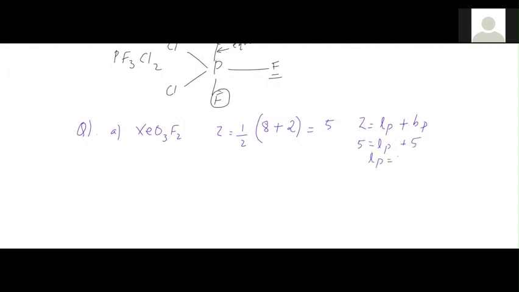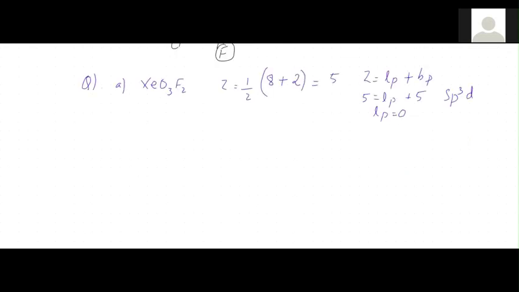And hybridization is sp3d. So the geometry is trigonal bipyramidal. All the atoms are not of the same type, so I'm placing the more electronegative fluorine at the equatorial position and the oxygen in the axial position.